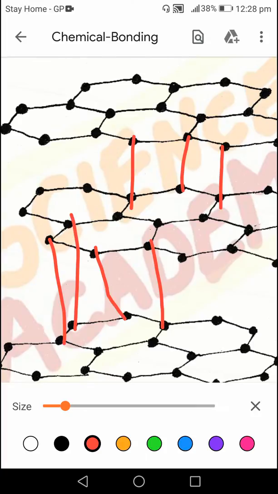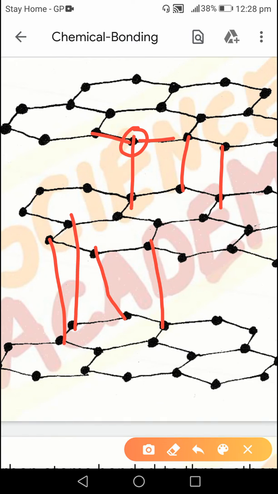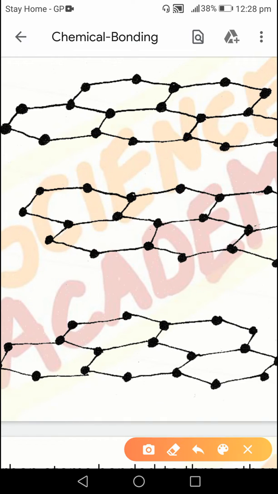Okay, so here now each carbon atom, look, for example, this carbon atom, it is forming 1, 2. Sorry, I got caught over here. So for example, I'm talking about this carbon atom, and for example this carbon atom.